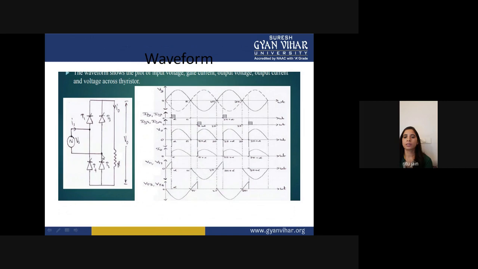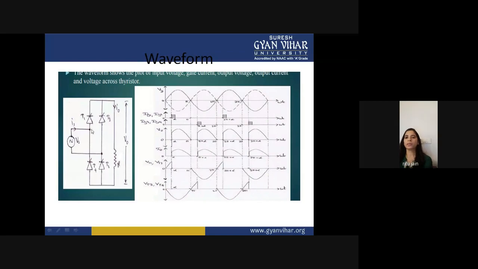Like this, this terminal is negative, so T2 will be in forward biasing and T3 will be in reverse biasing.